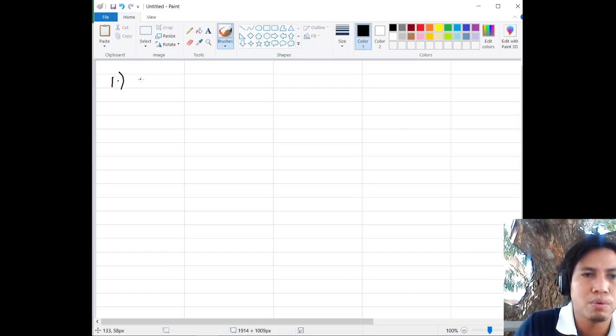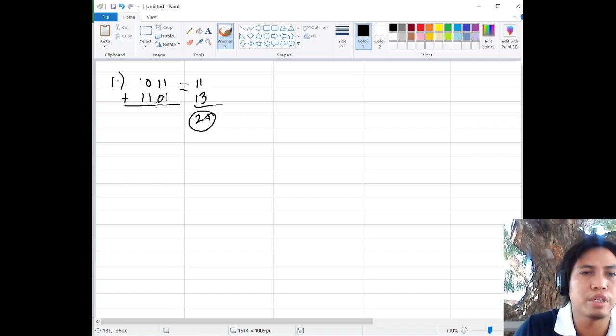Sample number 1, we have 1011 plus 1101. Okay? 1011 in decimal is actually 11, while 1101 is actually 13. So 13 plus 11, that is 24. So the binary of 24 should be the sum of these two numbers.